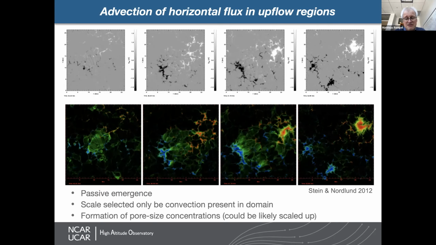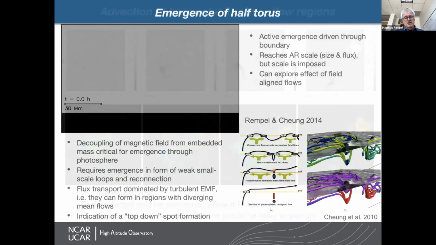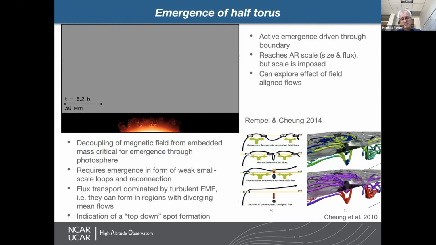Although in these models, they reach the size of a typical pore on the sun, but that is likely mostly limited by the extent of the domain, and these setups could likely in principle be scaled up, but it hasn't been done. But at least they showed just by having this passive flux emergence, you can form active regions in the solar photosphere.